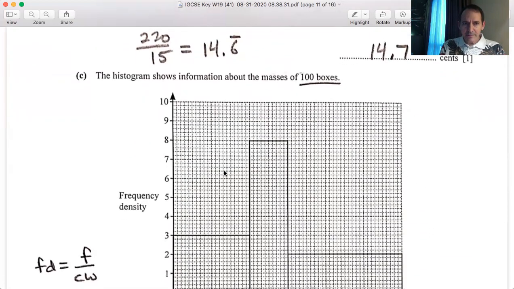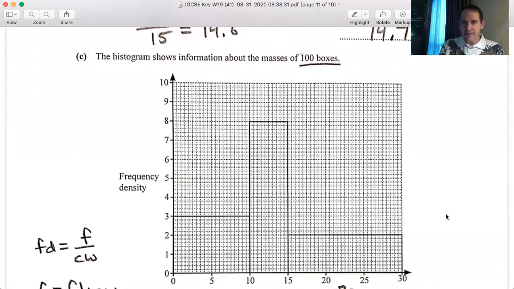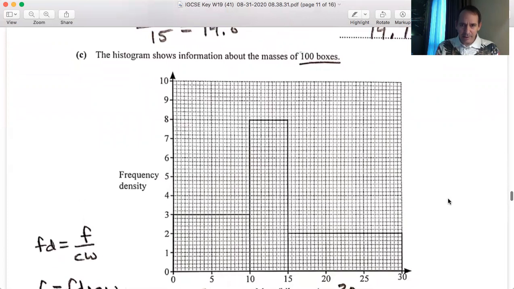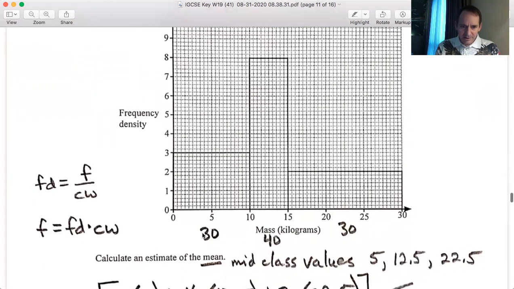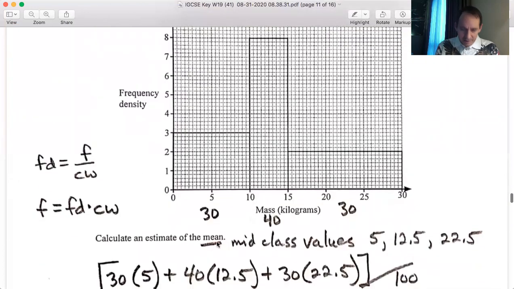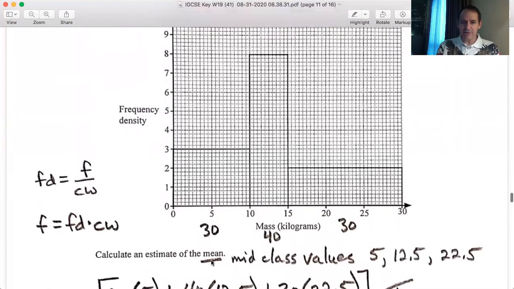The histogram, part C, now shows information about the masses of 100 boxes. So here's our histogram with 100 boxes, and it says calculate an estimate of the mean. Well, in order to do the mean, you need to do the frequency times the mid-class value. So here we can see that this first box has a class of 0 to 10, so the mid-class would be 5.